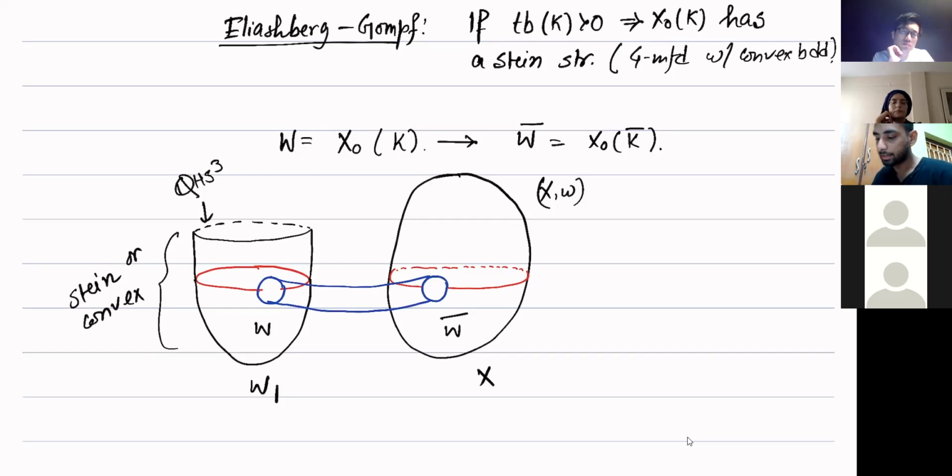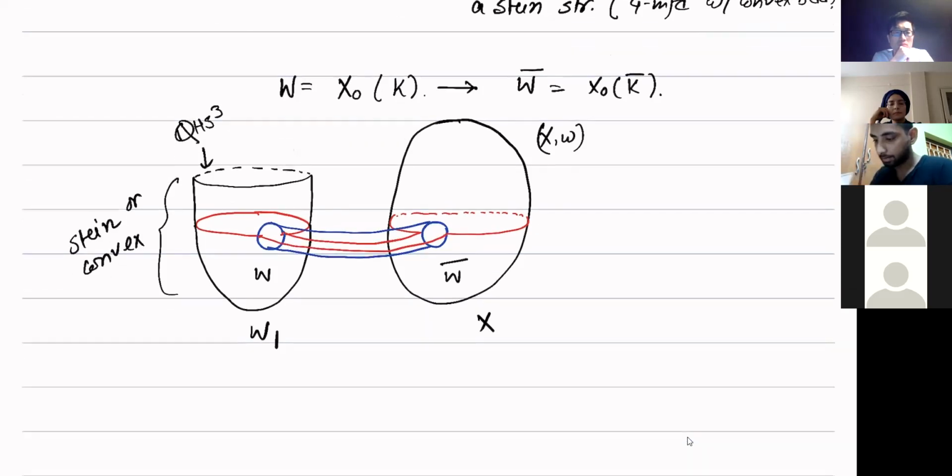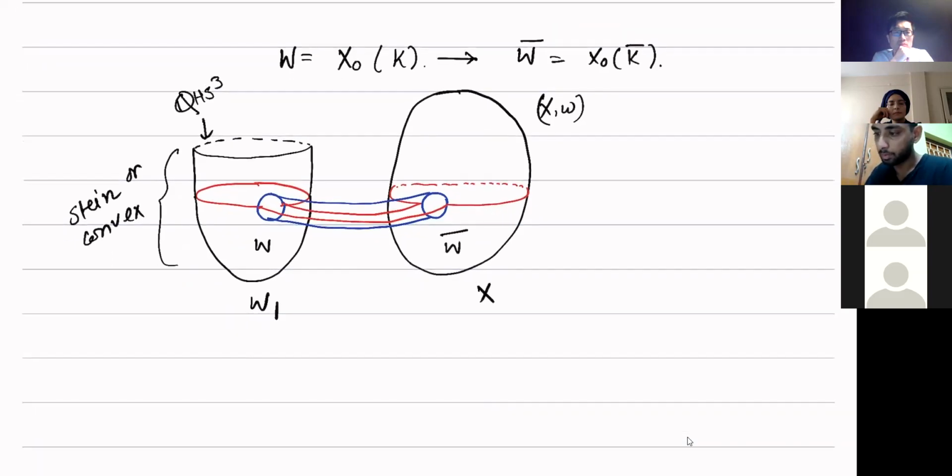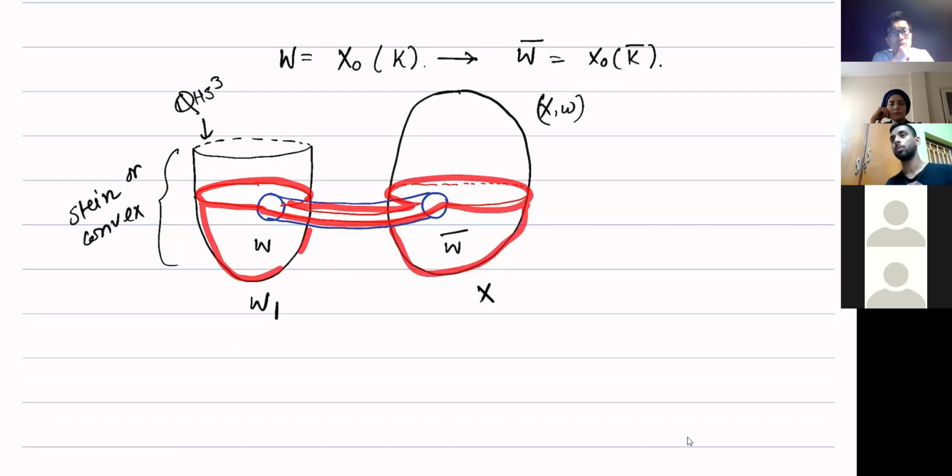So notice that I can take these two four ball out and then kind of draw a cylinder and connect them. If I do so, now notice that I have this piece. So my claim is that looking at this manifold, looking at everything under this is nothing but W boundary sum W bar.